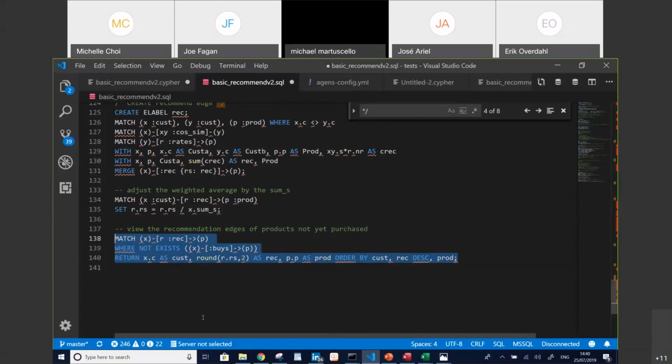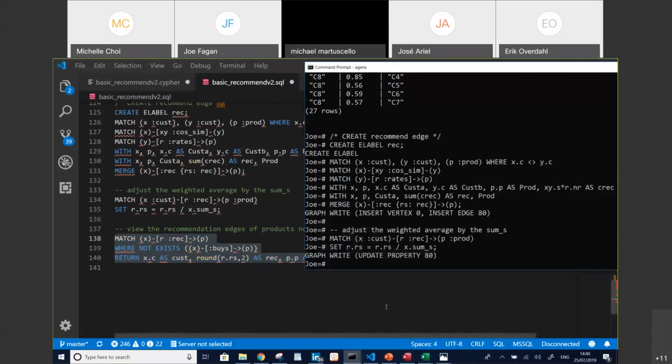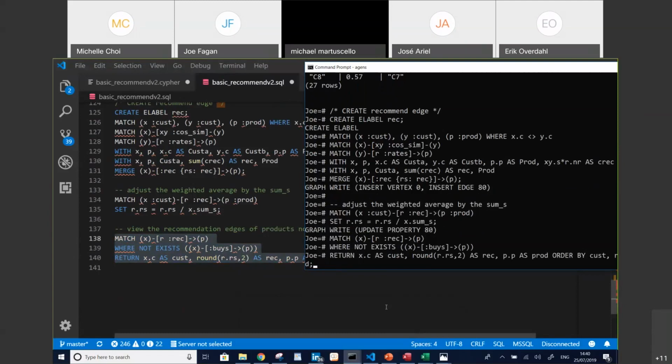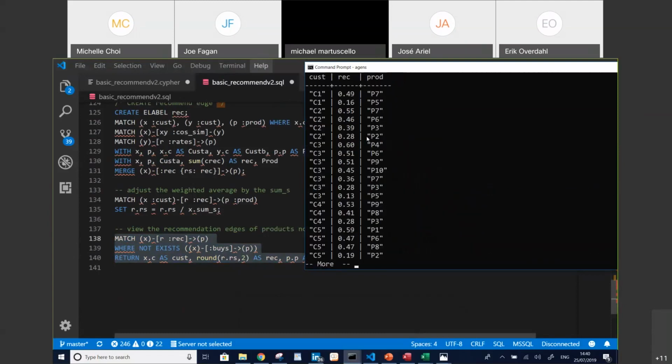So you can see that this Cypher language is really friendly, very easy to understand. And now, for instance, it's telling me that C1, we calculate, C1 thinks that P7 is a 0.49. This is scored between 0 and 1, so it's like middle of the road.